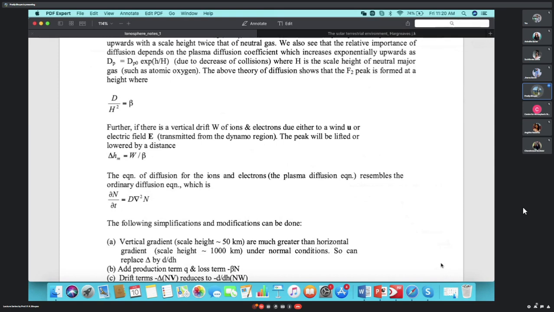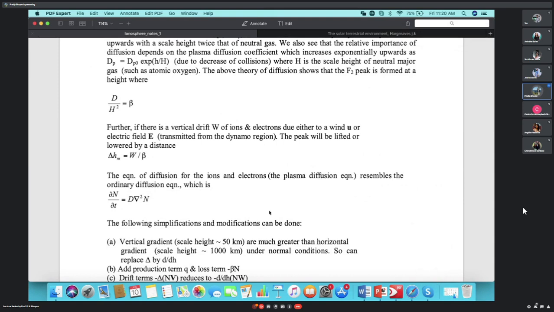We can discuss in detail how the wind and the electric field change the height of the F layer. But for the moment, let us keep in mind that these two processes can force the peak of the F layer, or the whole F layer, upward or downward.